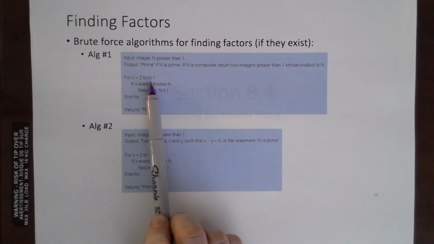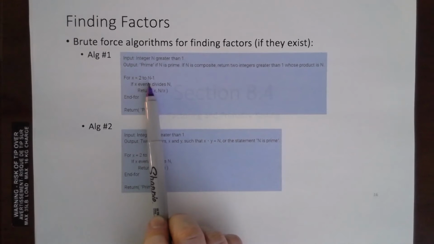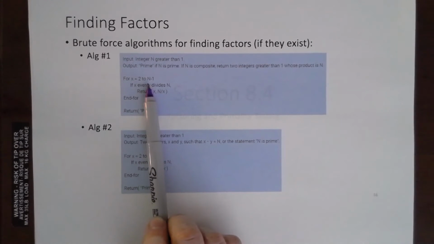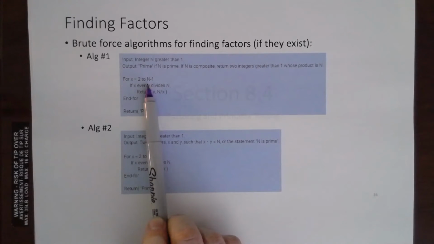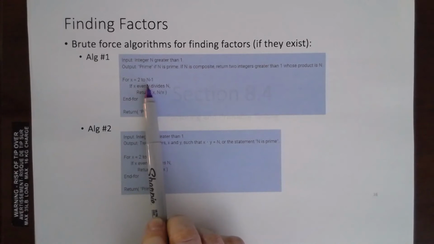Okay, but if you think about it, if I want to try to find factors of 107, would you have to keep checking all the way up to 106, or would you know earlier than that that you could stop checking? Yeah, you would know earlier, like at what point would you know that you could stop checking?